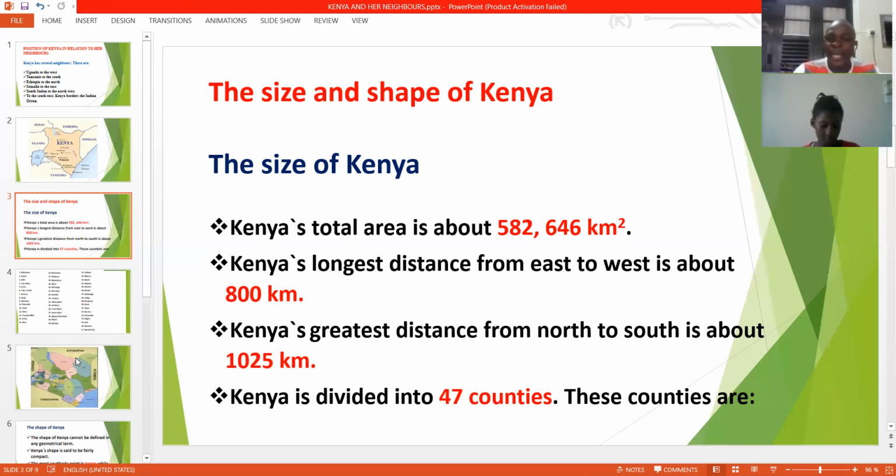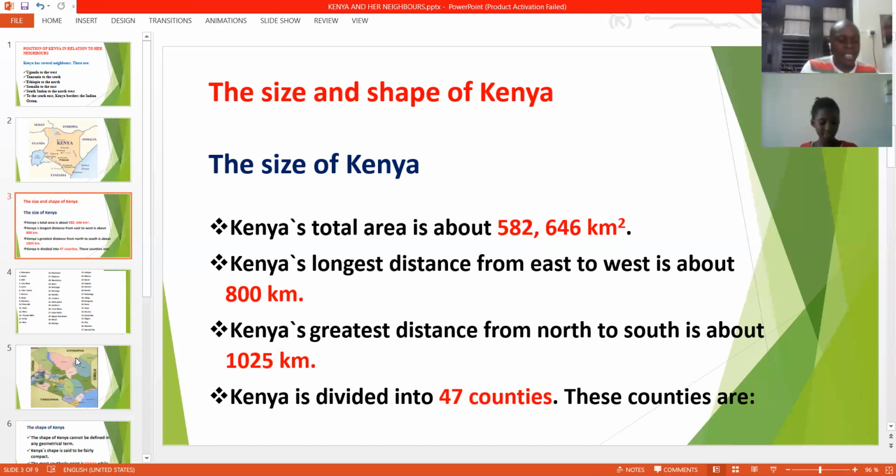What about Kwale in relation to Mombasa? What is the direction of Kwale from Mombasa? West. Okay, it is west and south, southwest. That is. What is the position of Lamu from Mombasa? It's north. North. That is good.